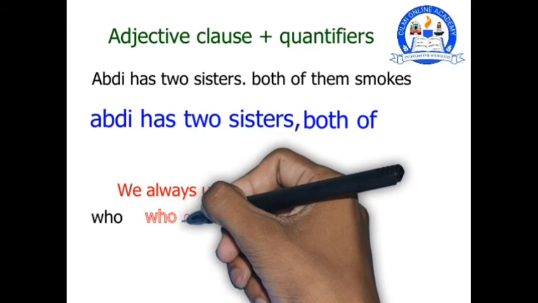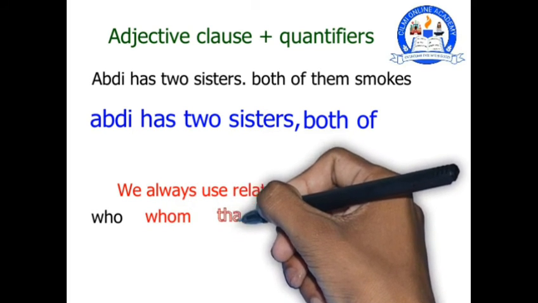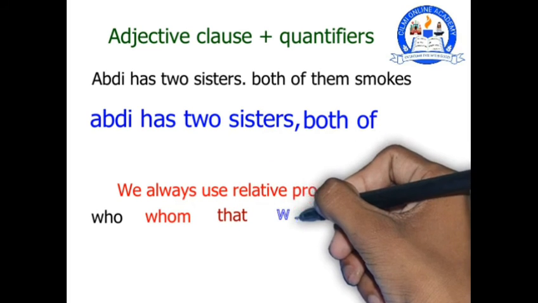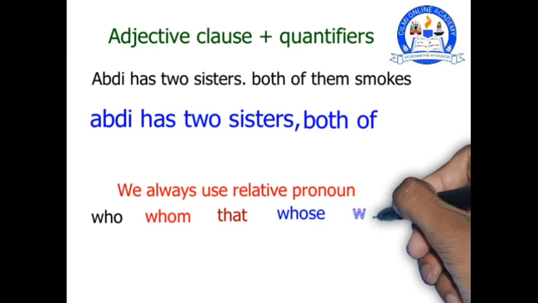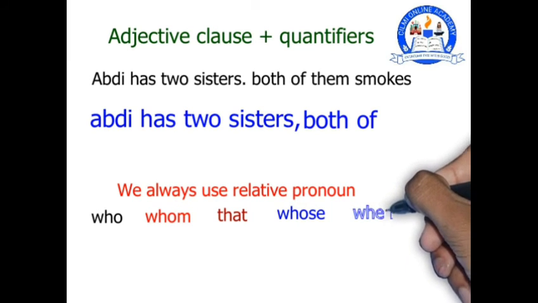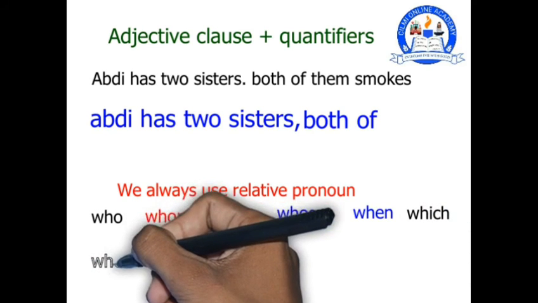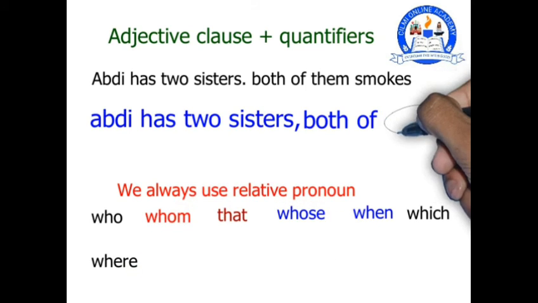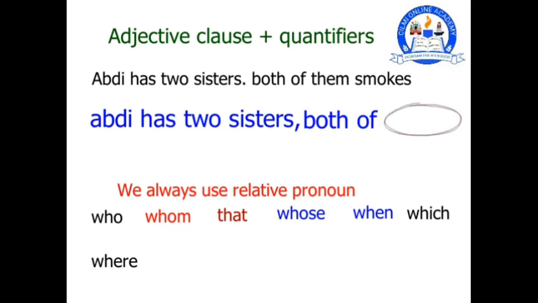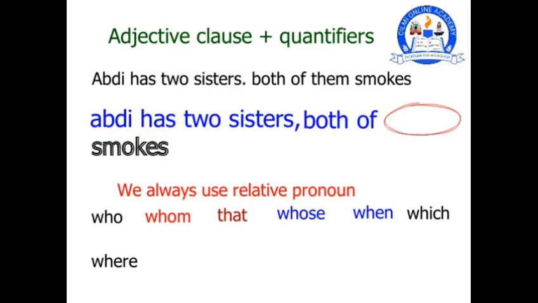Some examples of relative pronouns include who, whom, that, whose, when, which, where. So we will ask ourselves which relative pronoun will suit there.